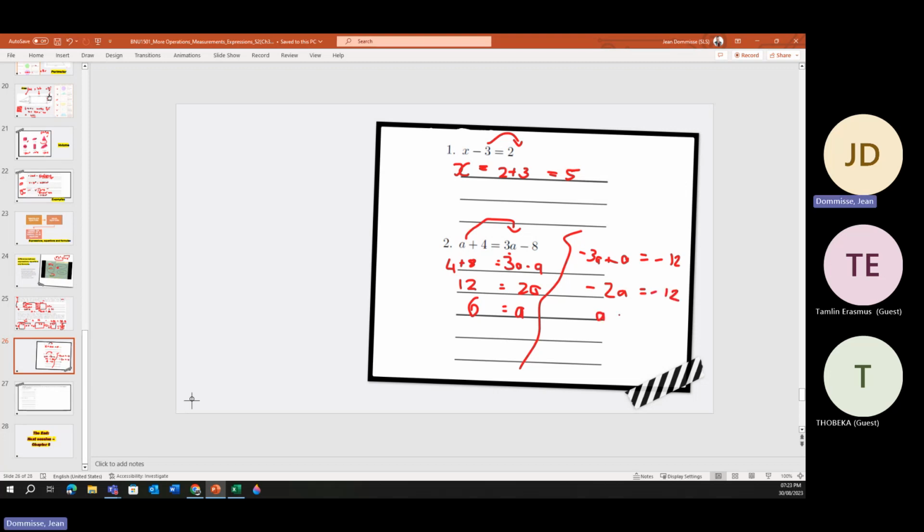Then a would have been minus 12 divided by minus 2, which would have given us also 6. Okay, so the answer is still the same, but you add an extra step into that. So I like to always keep my variables positive so that I don't make errors when we look at the negative sign.